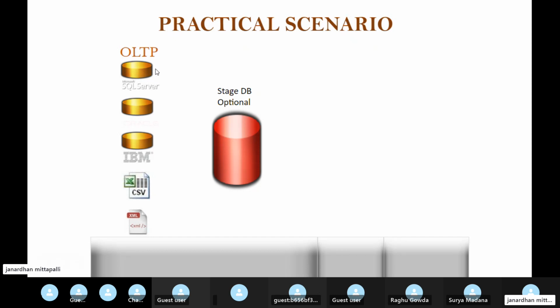So what we are going to do, we are going to collect all this data and place it into a data warehouse. Collecting from different source systems and placing in a data warehouse we'll call integration services, SQL Server Integration Services, SSIS.